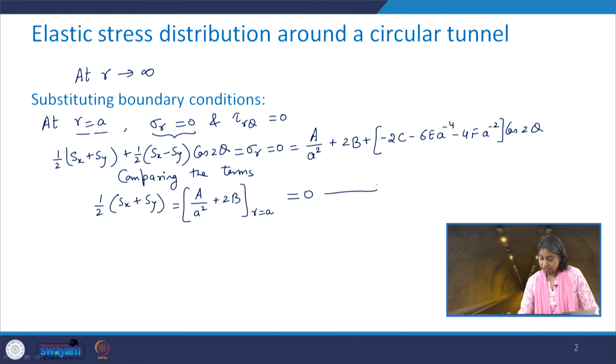This is going to be equation 10d. These equation numbers are in continuation with the previous class.